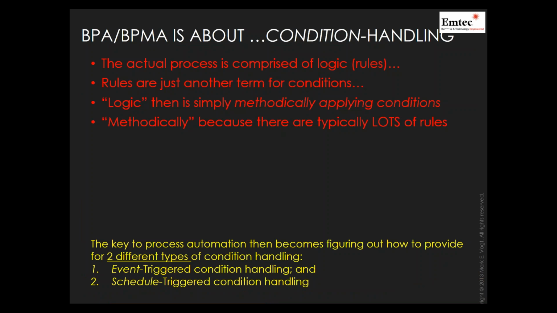Ultimately, business process administration, business process automation and business process management automation is all about handling those changing conditions. The actual process is just composed of logic. The rules are just another term for conditions. The logic then is simply methodically applying all of those conditions.